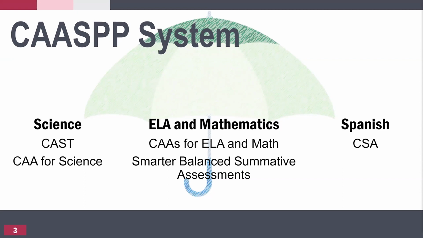For English Language Arts, Literacy, or ELA, and Mathematics, we have the Smarter Balanced Summative Assessments and the California Alternate Assessments, or CAAs, as we call them, for ELA and Math. Then for Spanish Reading and Language Arts, we have the CSA, or the California Spanish Assessment. These are the summative assessments in the CAASPP system.